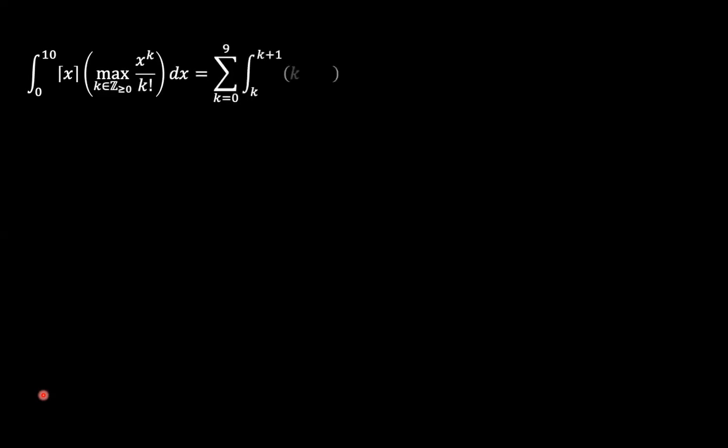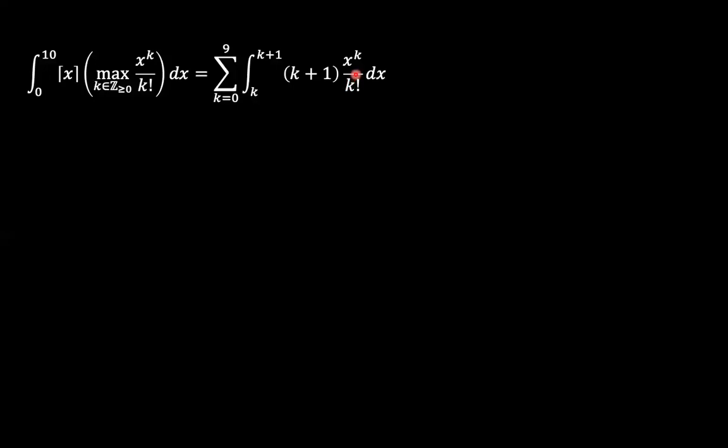So we now know this. So we'll go and say that now our integral, therefore, is a summation of, since between k and k plus 1, the ceiling function is k plus 1. And in this interval, x to the power k over k factorial is going to be the greatest.